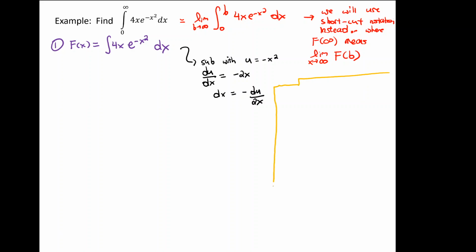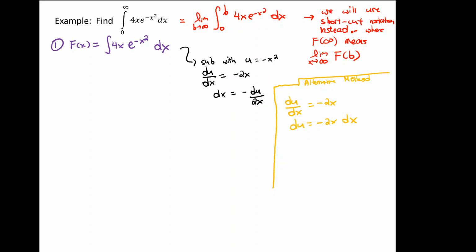If you don't want to isolate for dx, I want to do it the other way, then we had that du, when we cross multiplied, du by dx was negative 2x, so du is equal to negative 2x dx.